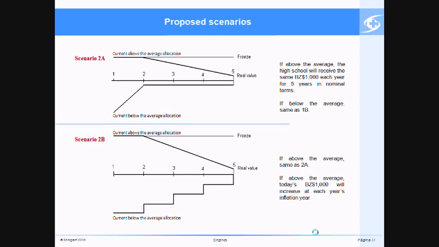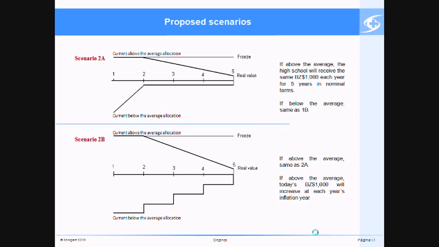You may ask, how will this achieve equilibrium over time if the above average school is simply frozen? Well, because the above average school, although frozen, the value of the grant would decrease with time because of inflation. Whereas in the below average school, the grant would be adjusted for inflation, and so eventually they would achieve equilibrium.